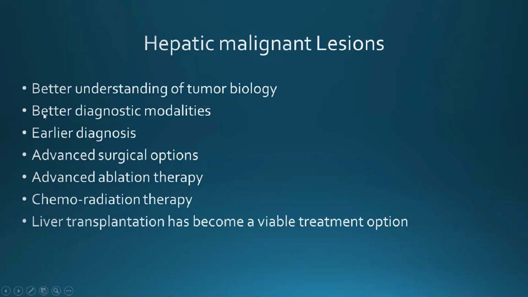We have better diagnostic modalities, so we diagnose these tumors at much earlier stages, and we have advanced surgical options and advanced ablation therapies, and liver transplantation has become a viable treatment option for these patients.